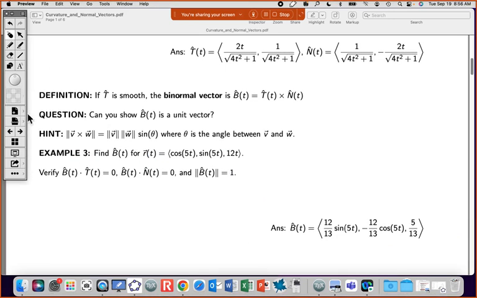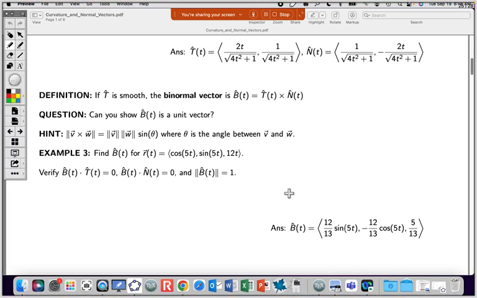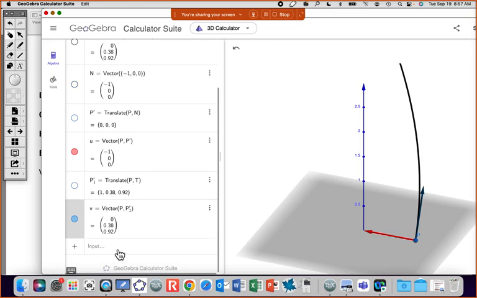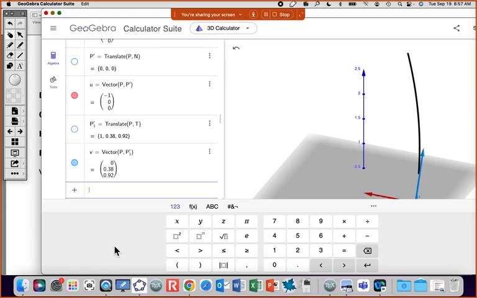So if we plug in 0 on this, if I look at b hat of 0, that would be 0, negative 12 thirteenths, 5 thirteenths. Let's plug that into GeoGebra so we can see what the b is doing. So now we'll have the vector b rather.